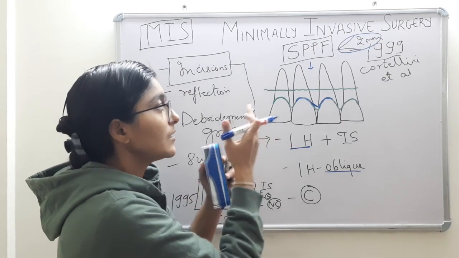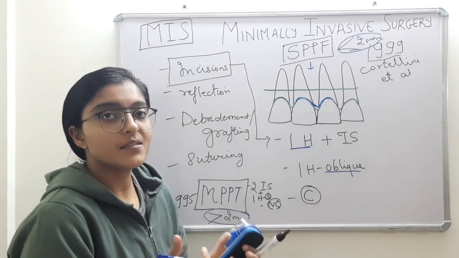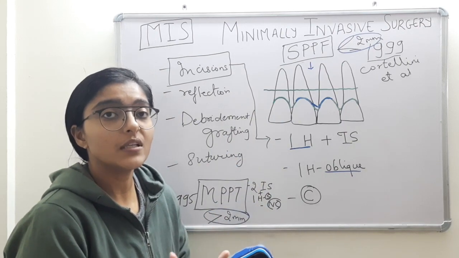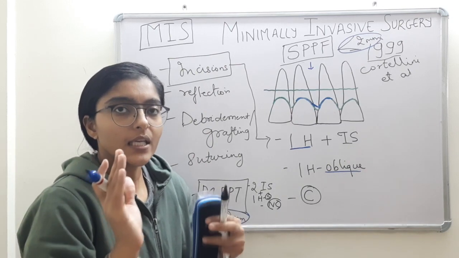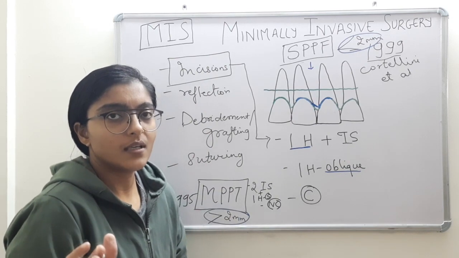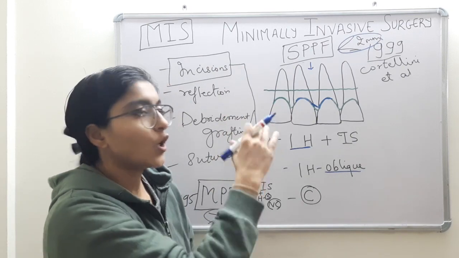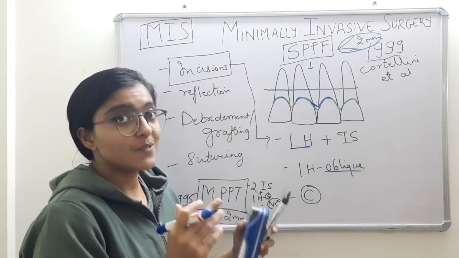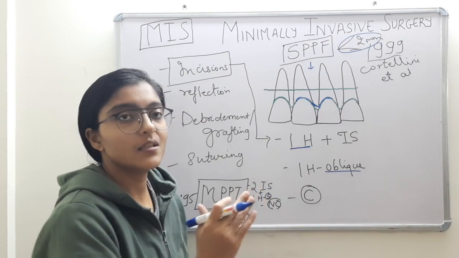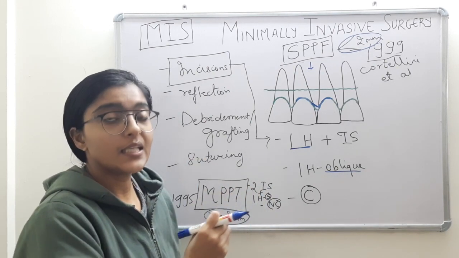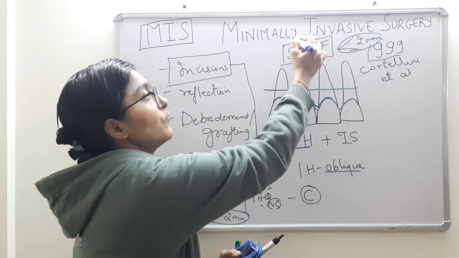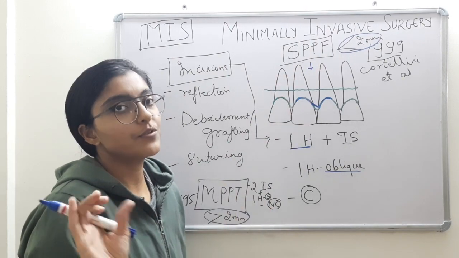He has made MPPT and SPPF the foundation or the pillars of his next technique, MIST. In MIST, the principles of MPPT or SPPF, based on the interdental width dimensions, plus the principles of minimally invasive surgery are clubbed together.